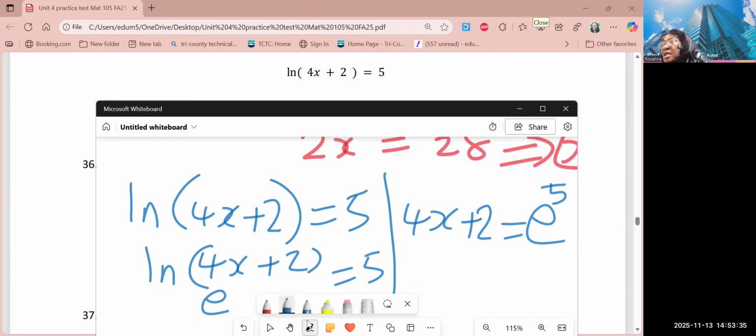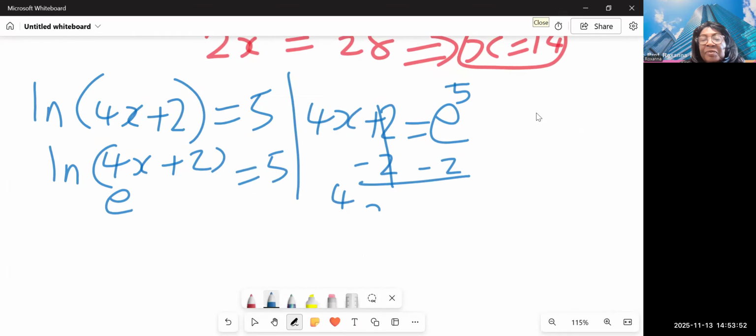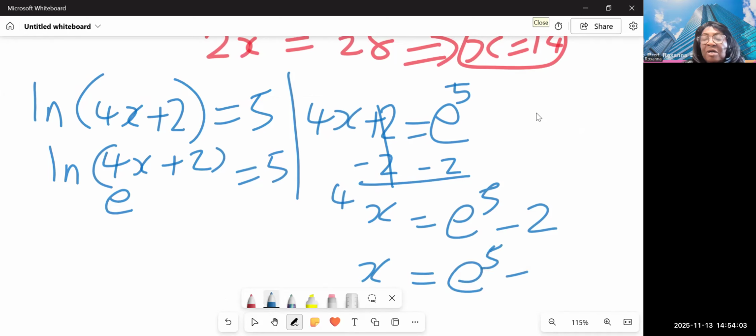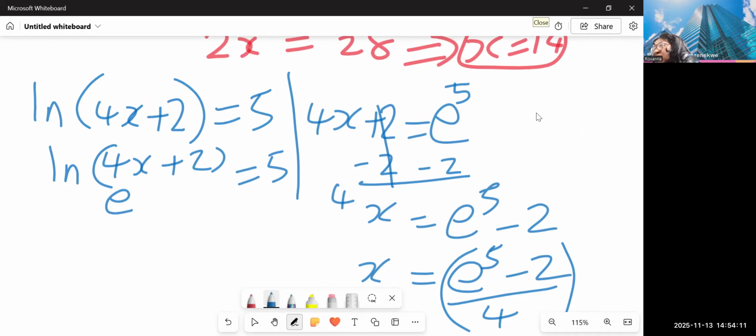So now I'm going to subtract 2 on both sides, and then I have 4x is equal to e to the power 5 minus 2. And so x is equal to e to the power 5 minus 2, all divided by 4. Even if you leave your answer like this, I'll take it. You can leave your answer in terms of e.